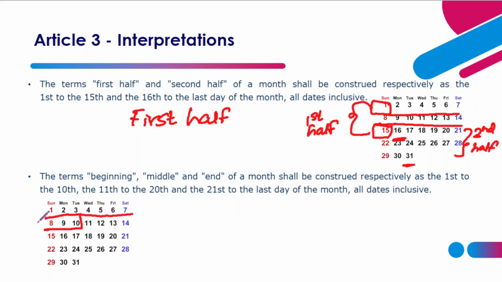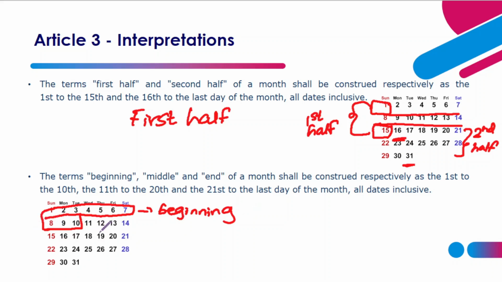This entire period you call the beginning of the month. If they say shipping needs to be done at the beginning of the month, then they refer it to be done between 1st to the 10th, both dates included.